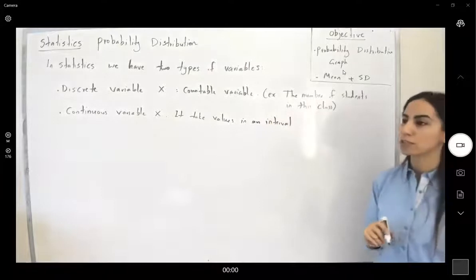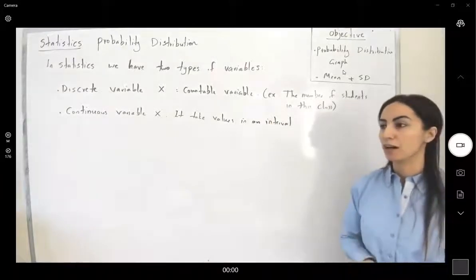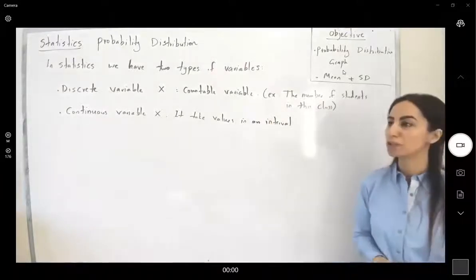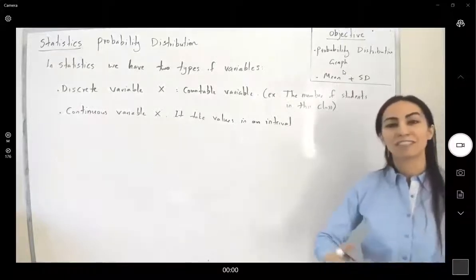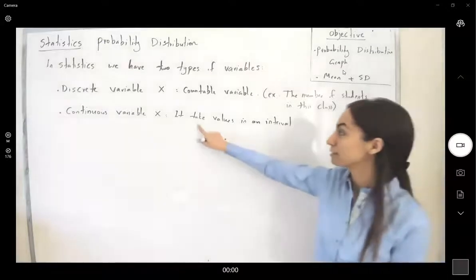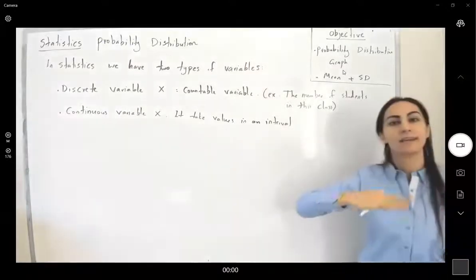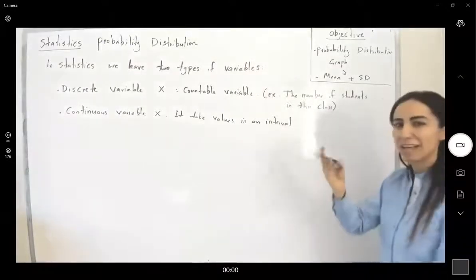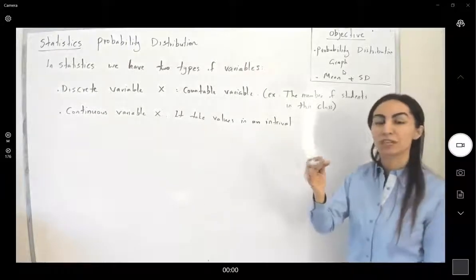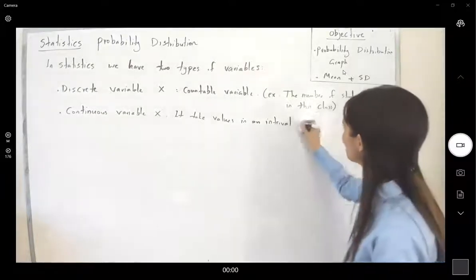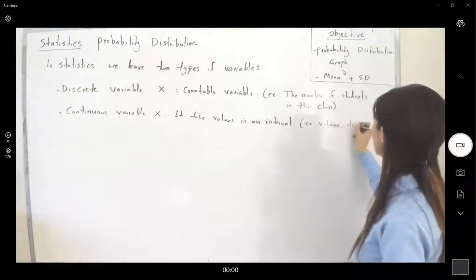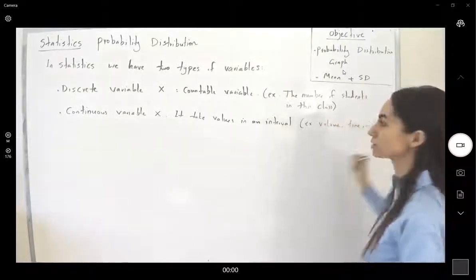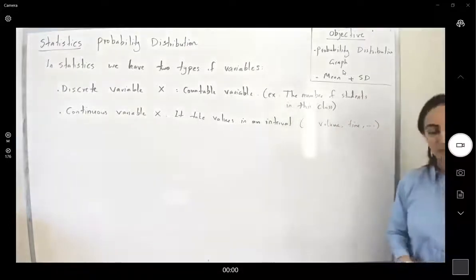For example, suppose you're interested in the volume or the time, different values that can take on numbers in a range. We cannot separate them from each other. It's very hard. Volume and time are examples of continuous variables.